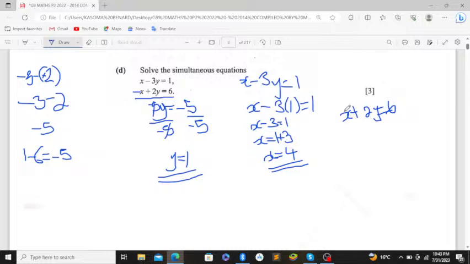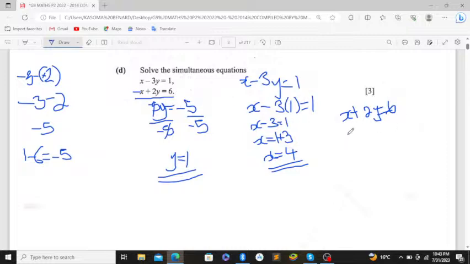We just want to find the value of x using this equation. If we get the value of x to be 4, that means even this answer is correct, because both equations should give you the same answer.